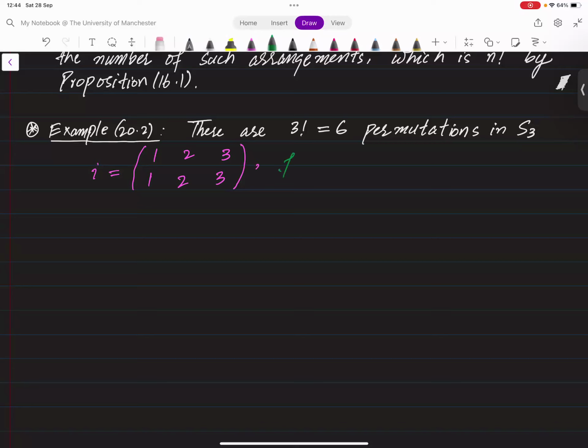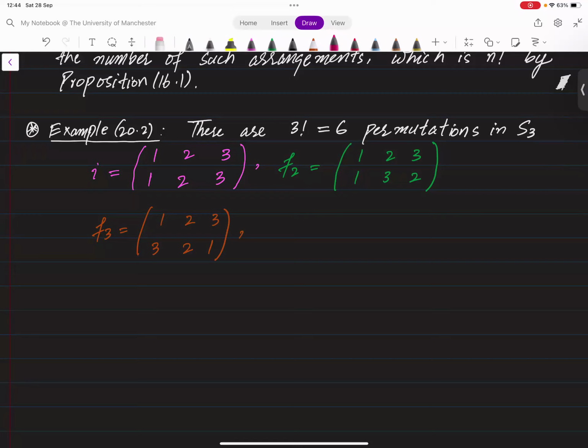Then we have, let's say, F2, which is fixing 1 and sending 2 to 3 and 3 to 2. Then we have F3, which is sending 1 to 3, fixing 2, and sending 3 to 1.